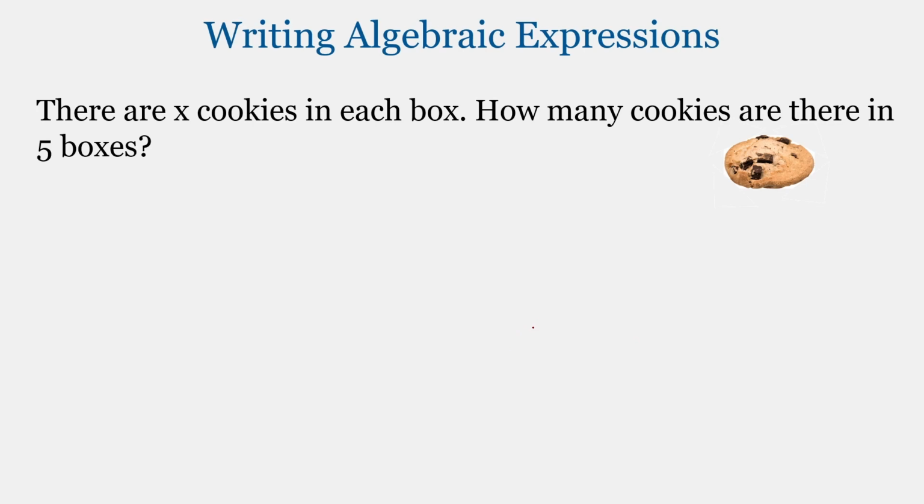There are x cookies in each box. How many cookies are there in 5 boxes? So if we have 5 boxes, and each of these boxes is going to have x cookies.